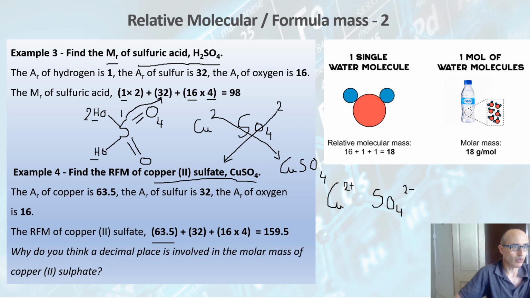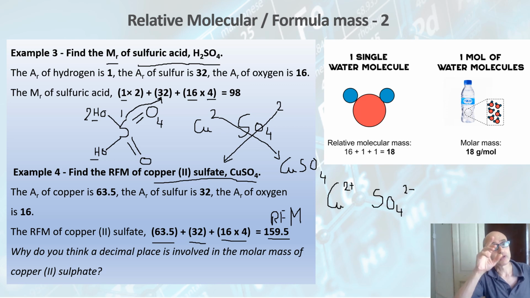We have one sulfur with 32, and this time we again have 4 oxygens, so we have to do 16 by 4. Add them all together as we did for sulfuric acid. The result is 159.5. That's the RFM. How many times heavier copper 2 sulfate is than either an atom of hydrogen or 1/12 of carbon 12.